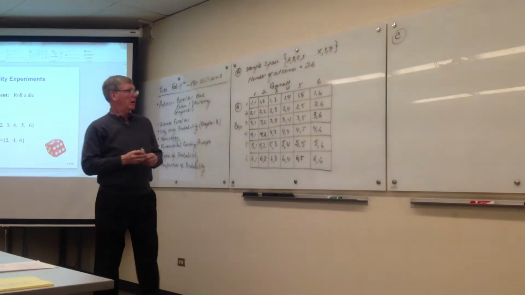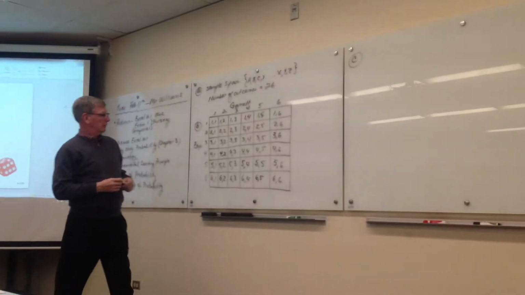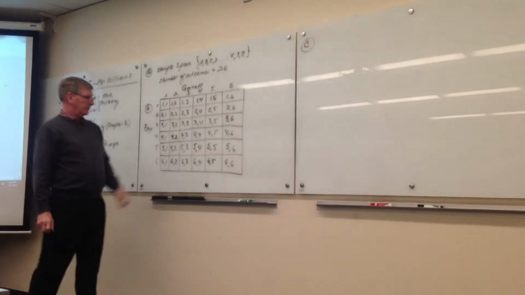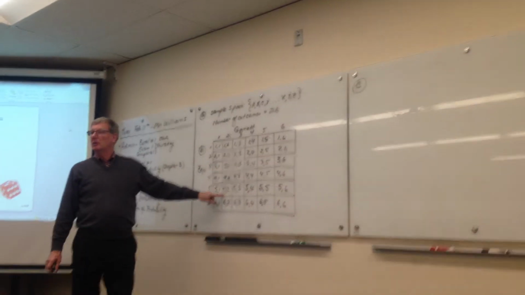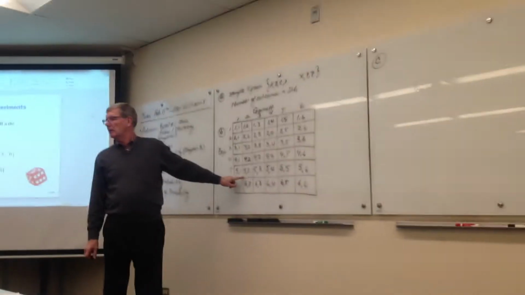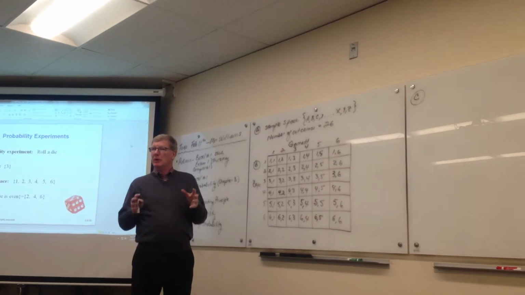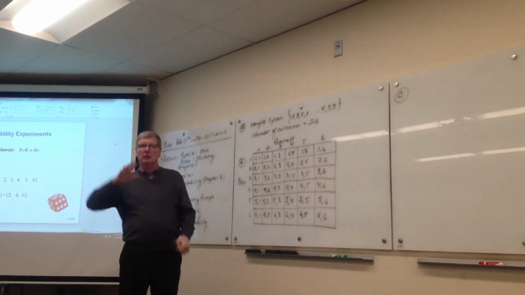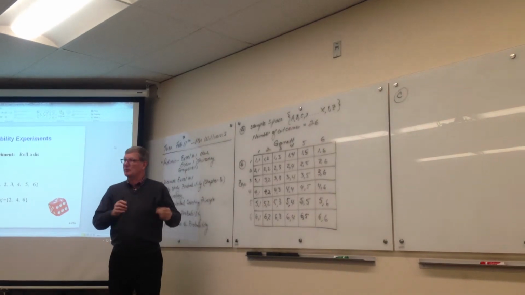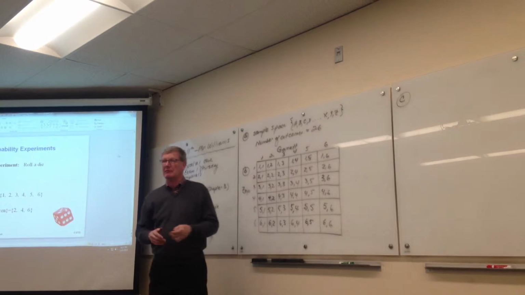Okay, so here's the question, is 2, 5 the same as 5, 2? It's not, is it? There's 36 different outcomes that can occur. A lot of times when we do this, people will say, oh, wait a minute, 5, 2 and 2, 5 are the same, you can't count them separately, right?